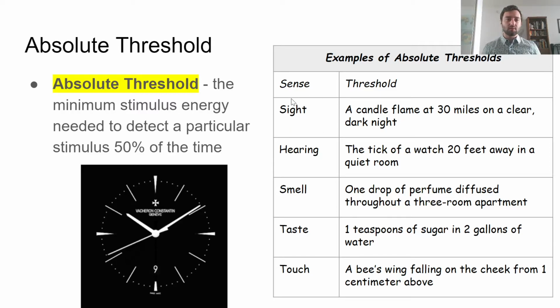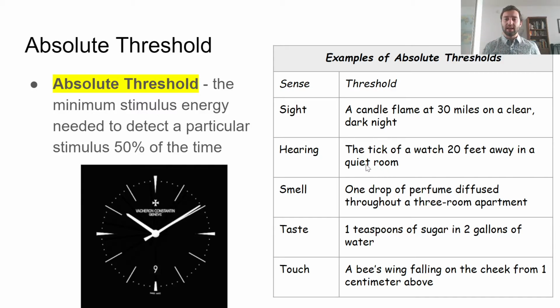So for sight, right, the absolute threshold. Now again, technically this would differ from person to person. So these are averages over human beings, right? For sight, our absolute threshold is a candle flame at 30 miles on a clear, dark night. So if you have a candle flame 30 miles away on a clear, dark night, that is the absolute minimum that we could see half the time.